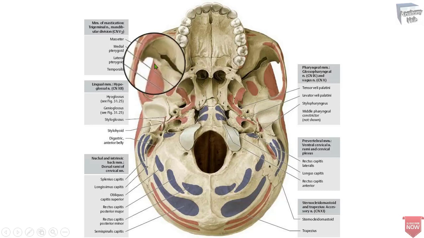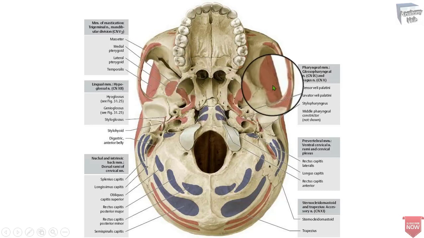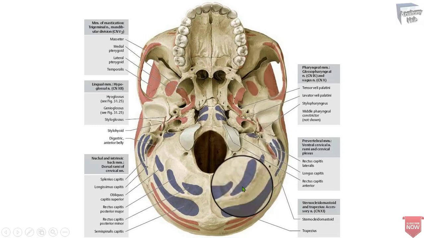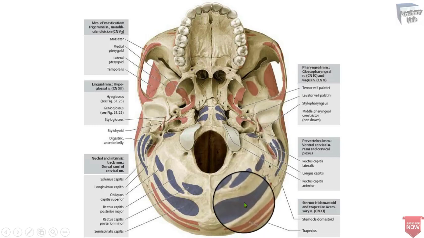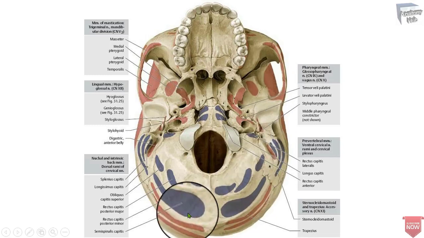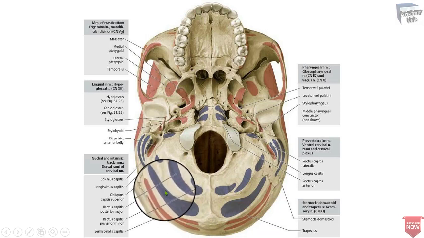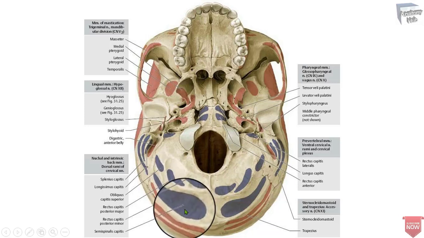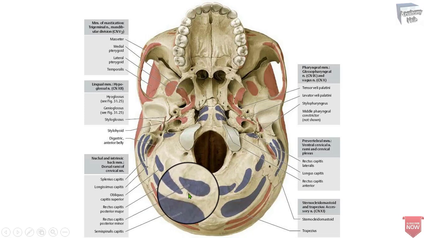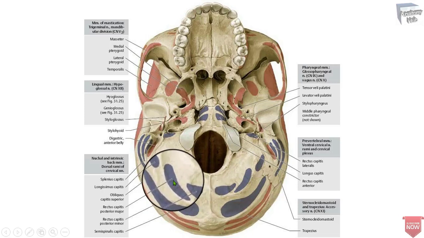Over here, all these red marks are actually the origin of the muscle, and the blue ones are insertion in nature. So here you will find the semispinalis capitis insertion, the rectus capitis posterior minor, and here you will find the rectus capitis posterior major.